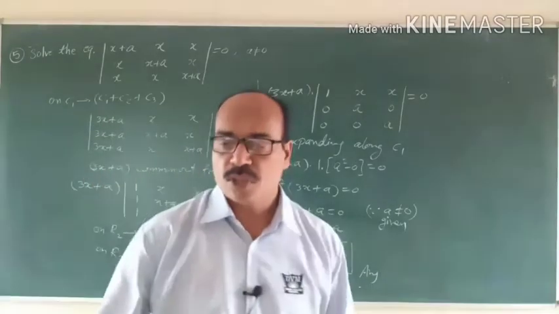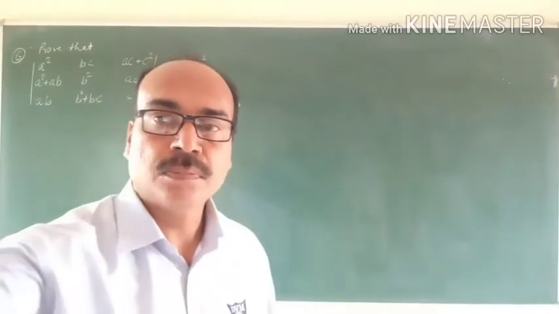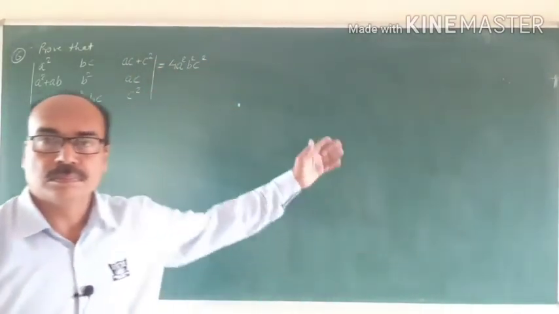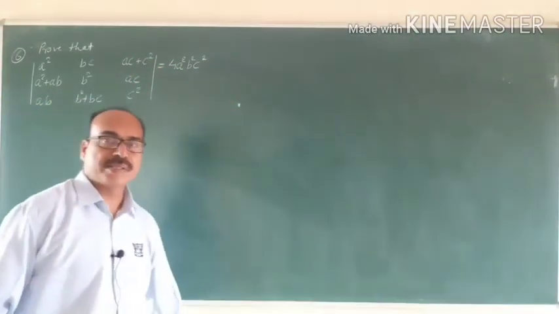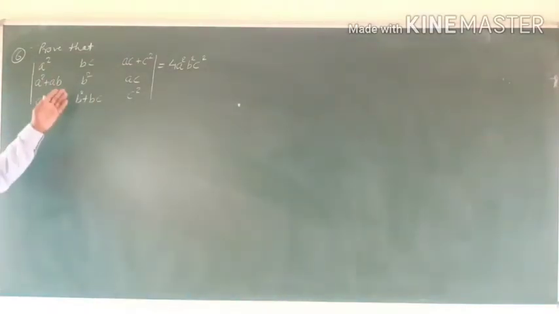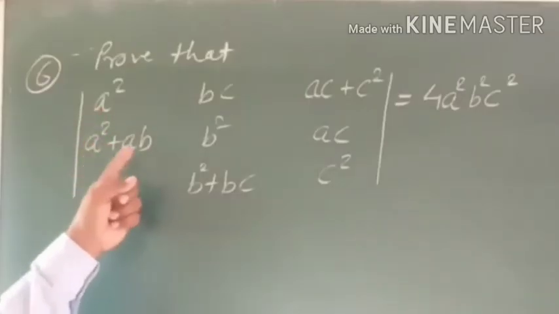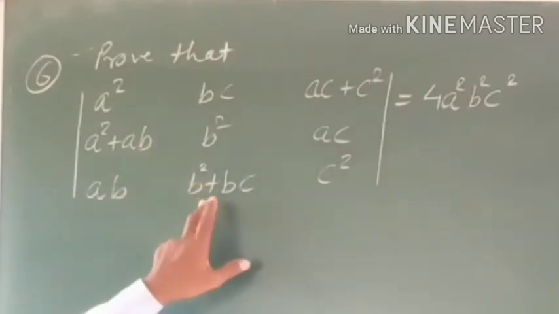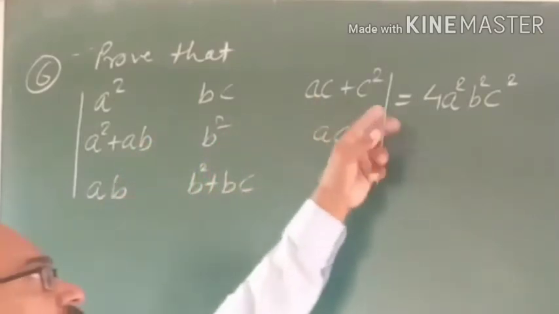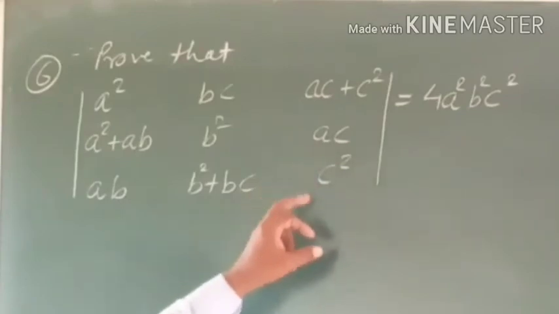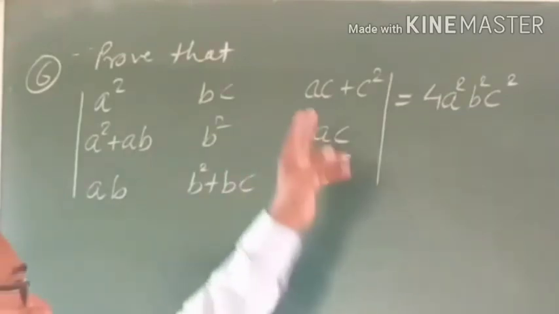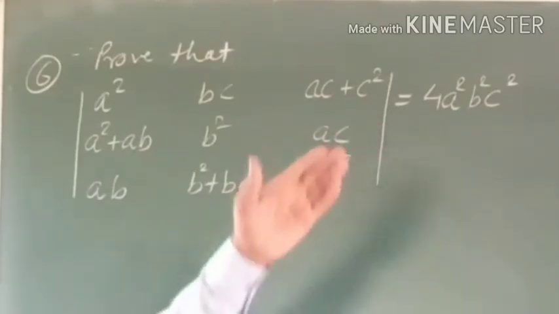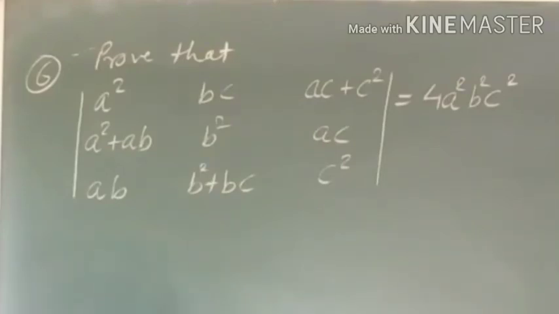Okay, next question, question number 6. Let's see the next question. Prove that the determinant with rows a squared, ab, ac; ab, b squared, bc; ac, bc, c squared, and the target is 4 times a squared b squared c squared.